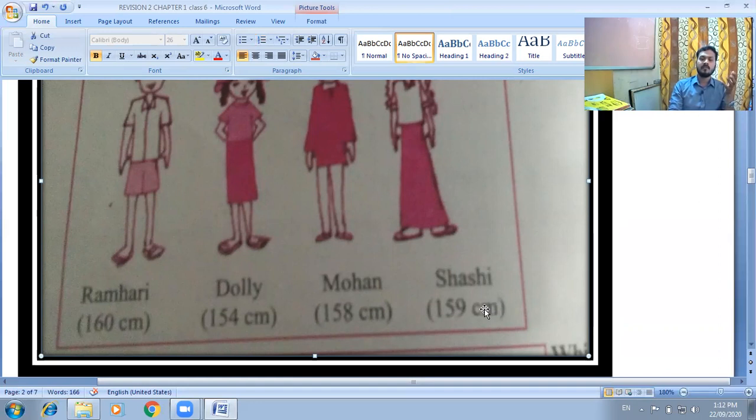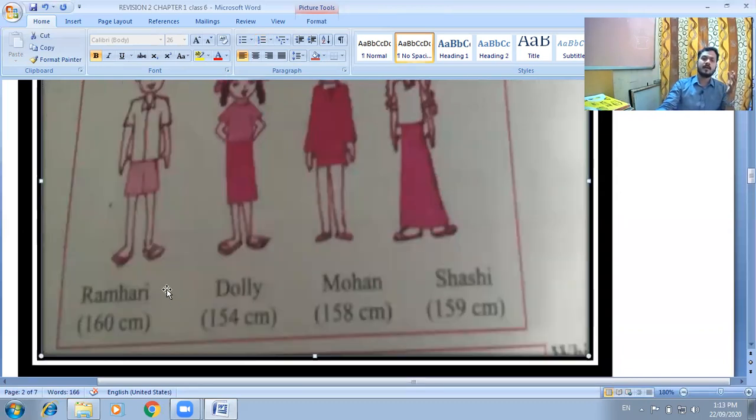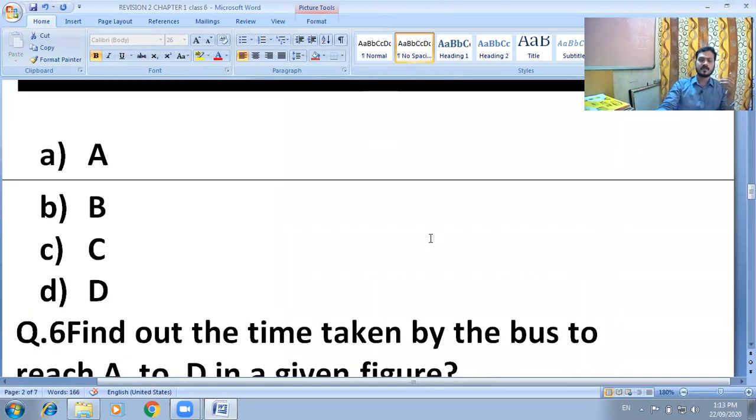All have different heights in centimeters. You can observe the given heights and decide who is taller. But remember, here Ram Hari represents A, Dolly B, Mohan C, and Sasi D. According to this, you can respond.